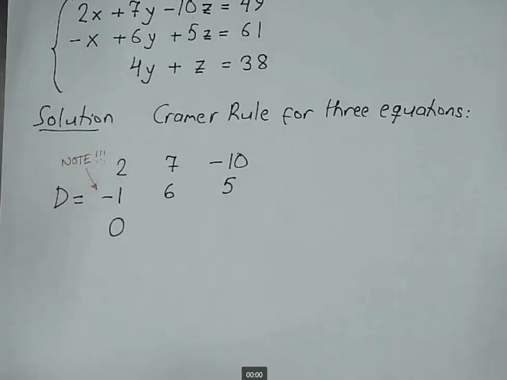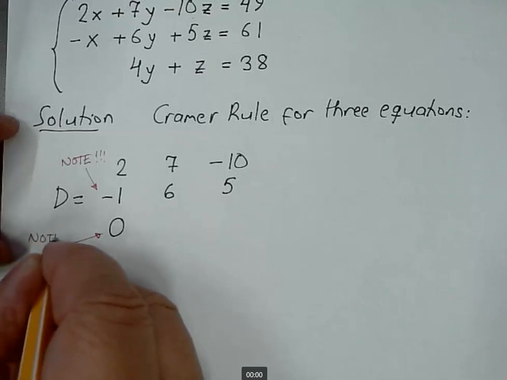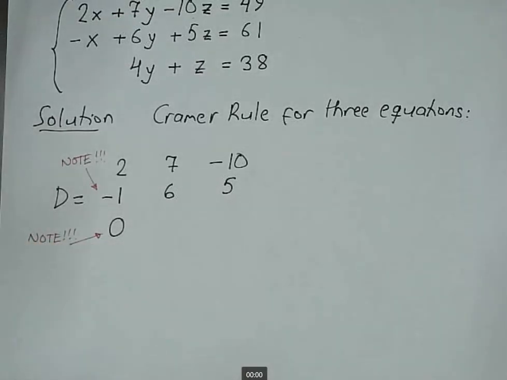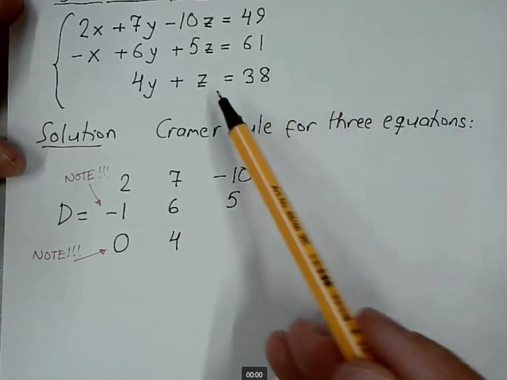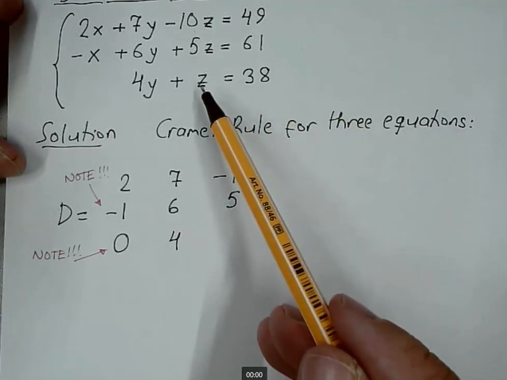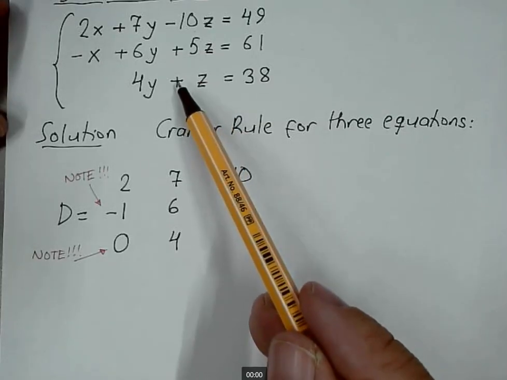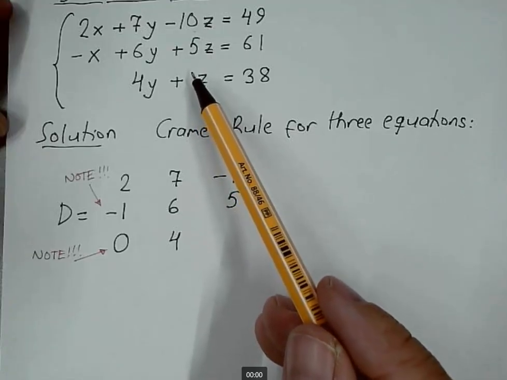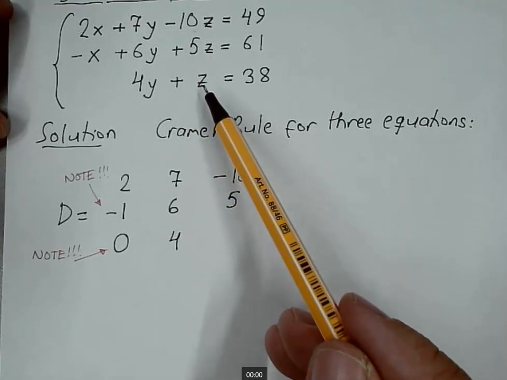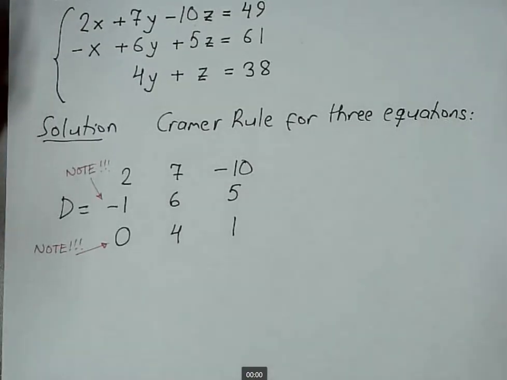This is also something to note. And then we have 4, and in front of zeta is nothing, so it must be 1, and it is +1 because +1 times zeta is 1, so that leaves only 1 there.